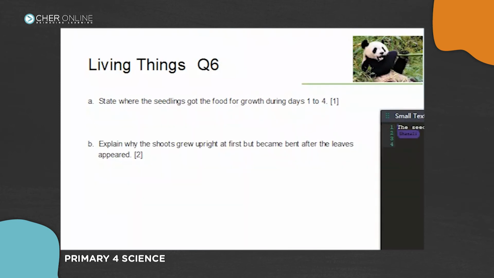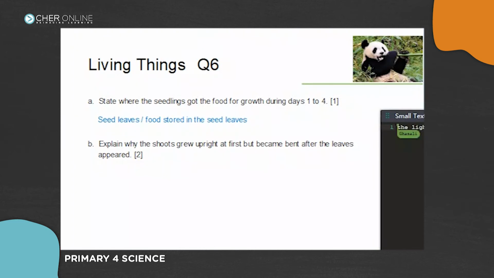Seed leaves. They get the food from the seed leaves, not the seed coat. The seed coat is only to protect the seedling from the seed leaves, alright? The food is stored in the seed leaves. Seed coat is wrong, Lloyd. It's not the seed coat, it's the seed leaf.